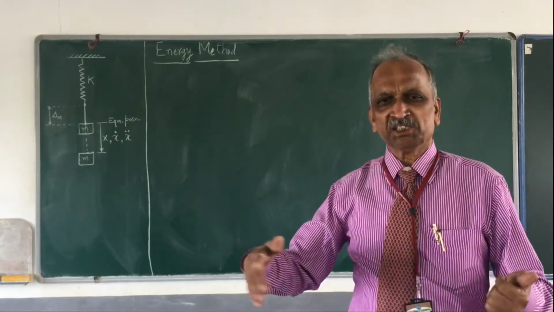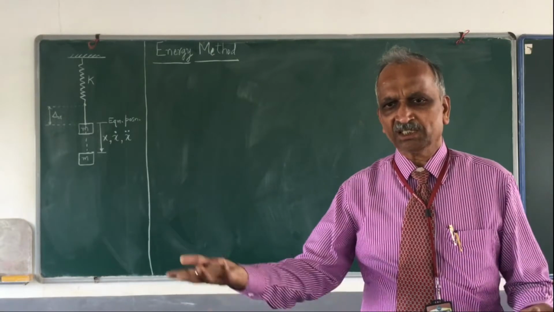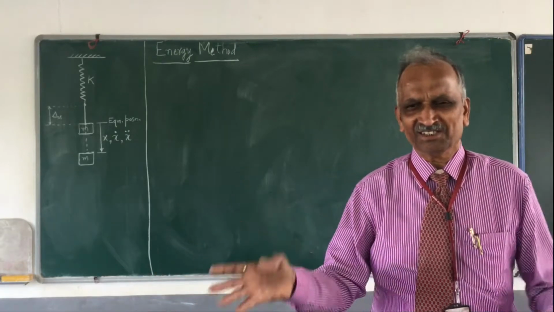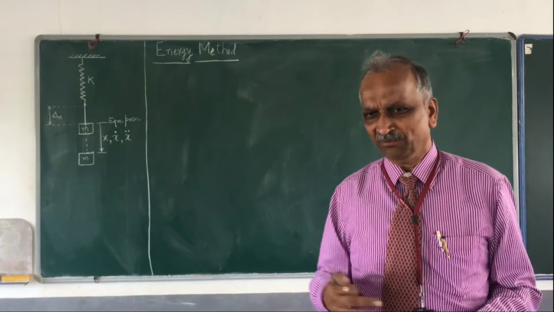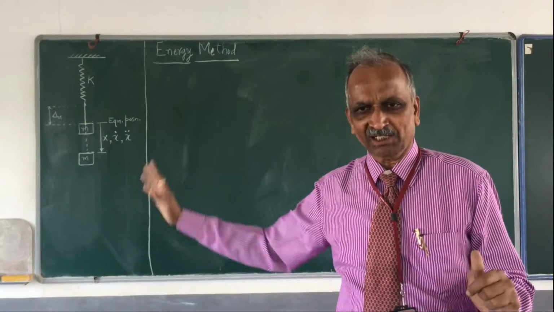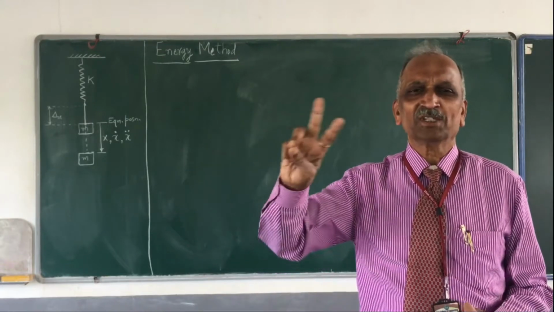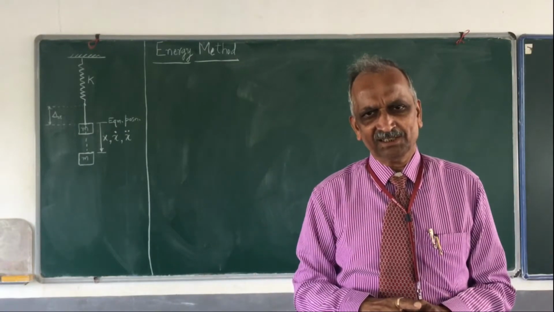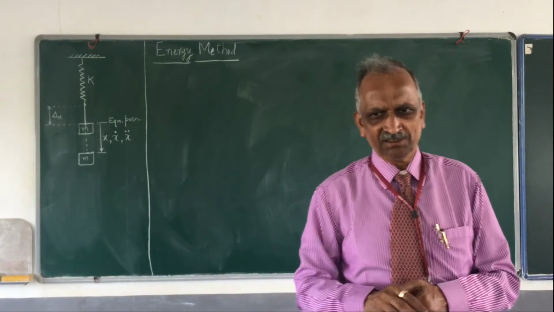The energy may exist in various forms like chemical, electrical, magnetic energy, but for our mechanical systems we are going to have only two forms of energy: either kinetic energy or potential energy.